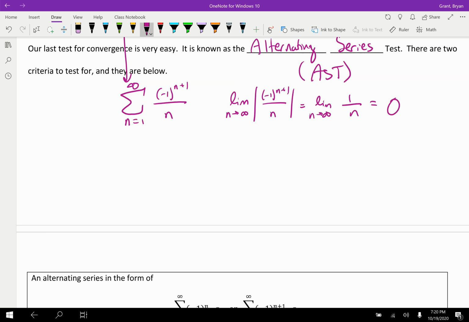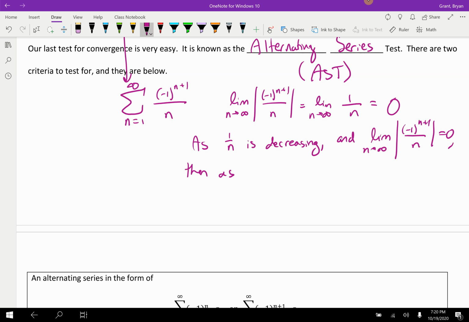Right? So you can do a nice full conclusion here. You can say something like, as 1 over n is decreasing. It's always good to state the criteria here. So not a bad thing. As 1 over n is decreasing and the limit as n approaches infinity, you can just use 1 over n, you can use the absolute value, doesn't really matter, and I'll do this, equals 0.